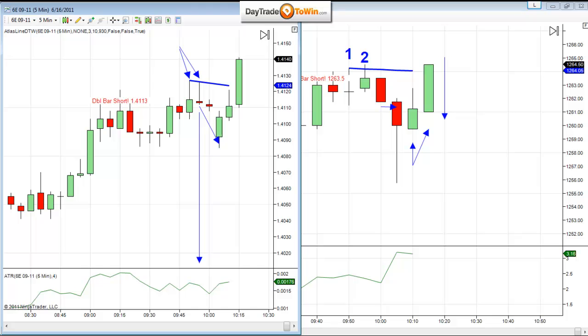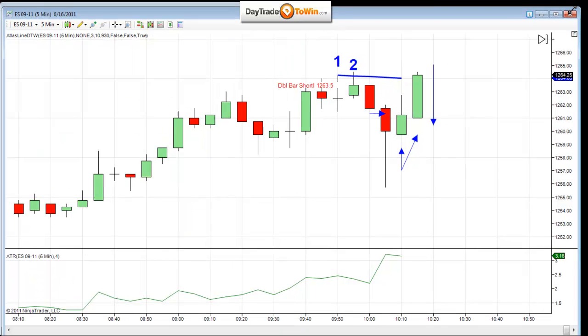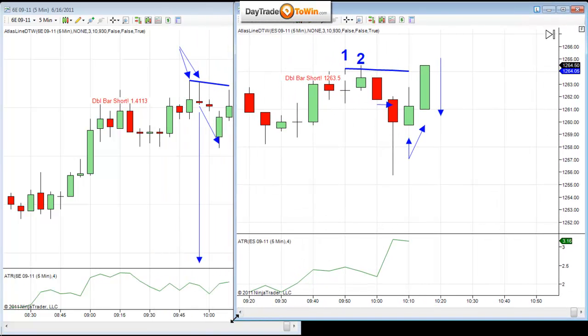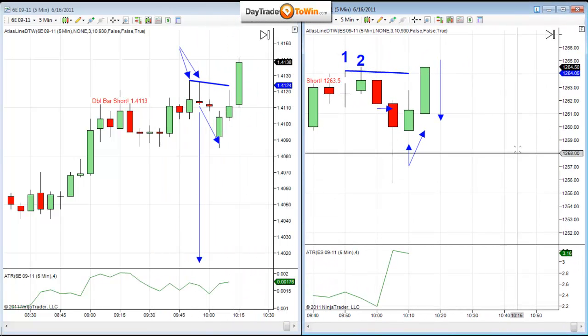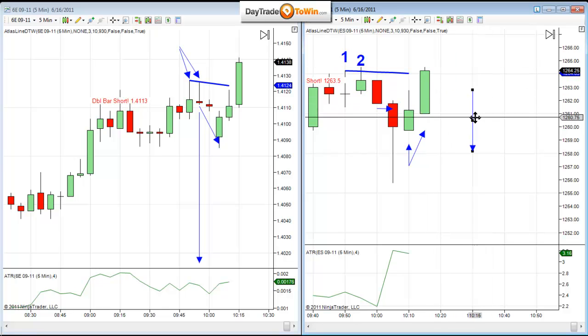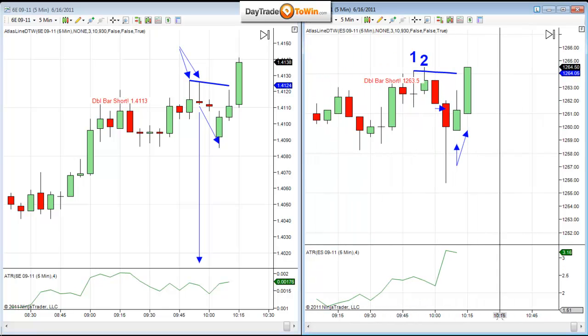All right, you see price coming back up. If we happen to have a short candle that closes back down after this green candle, I'm going to look to go short based on an Atlas Line pullback. Those are the rules.